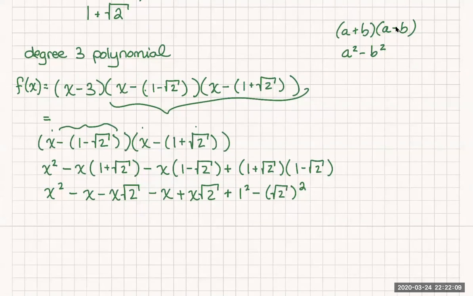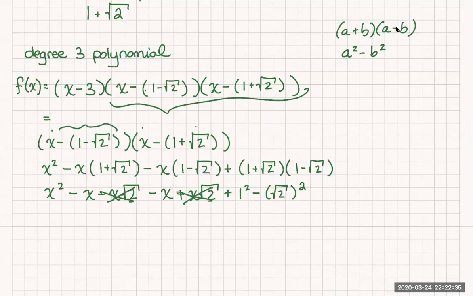So let's clean this up some more, okay? So negative x root 2 and positive x root 2, they cancel. And that always should happen. Your variables multiplied to a root or to an imaginary number should always cancel, okay?